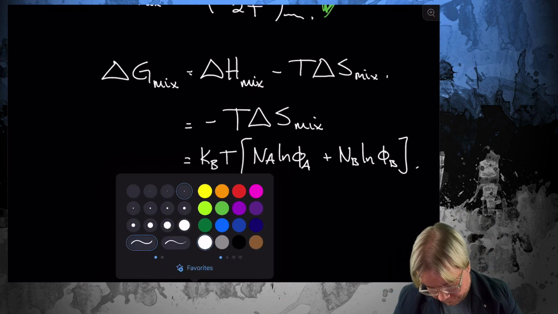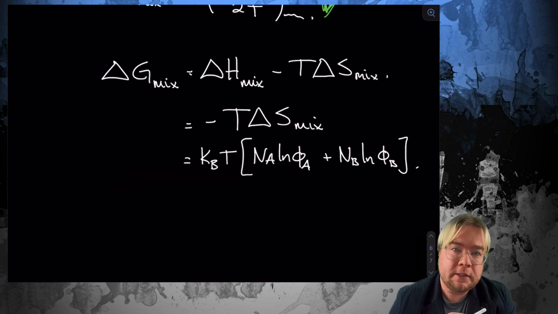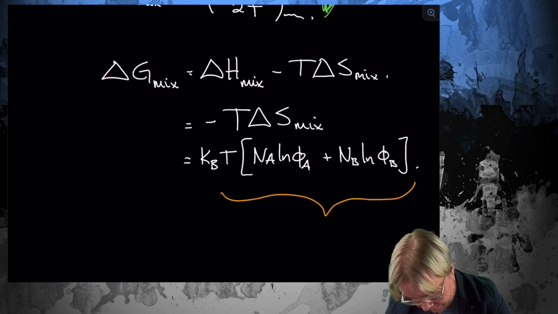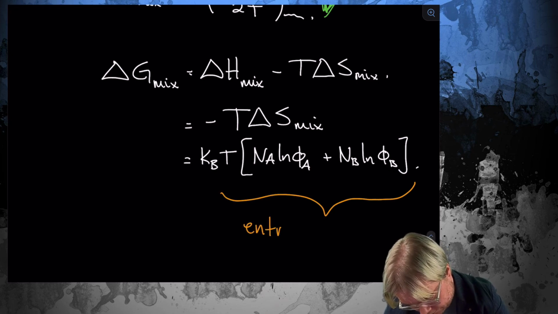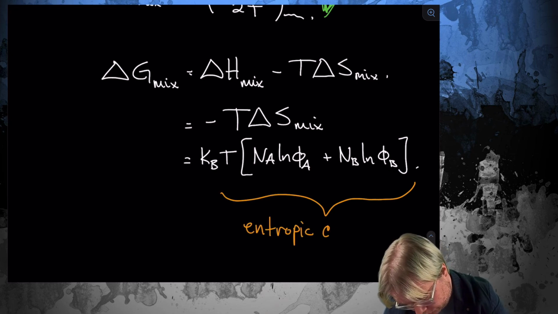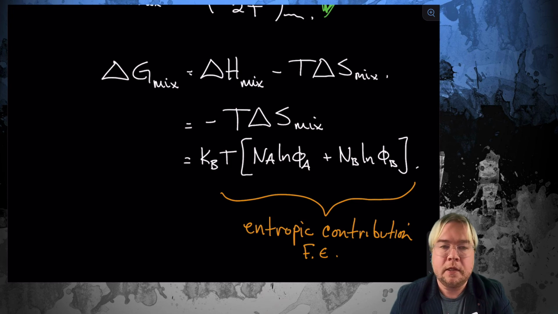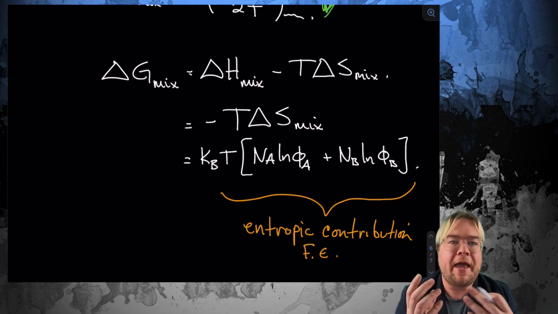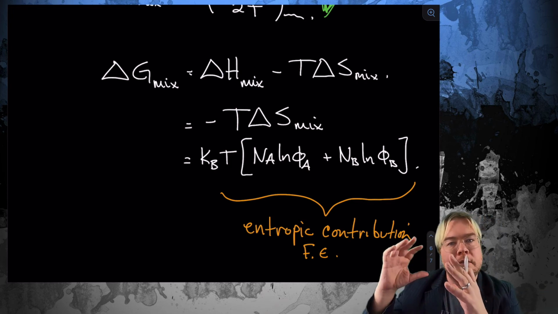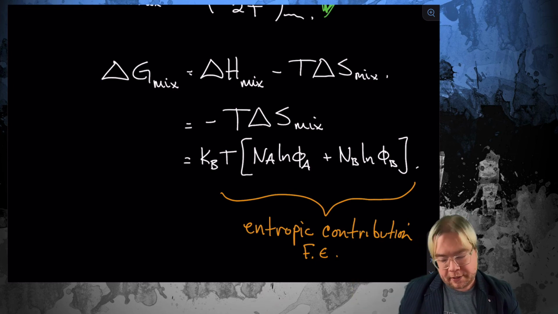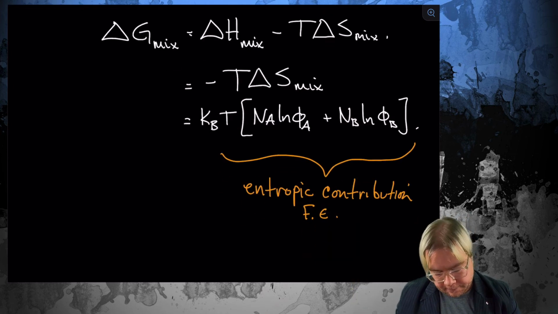So you're going to hear me refer to this a lot. When I write down the expression like this, this will be the entropic contribution to the free energy. So I'm going to keep saying that. Well, entropy is doing this, but something else is doing something else, okay? So when I say the entropic component, that's what I mean, this part that I've highlighted.